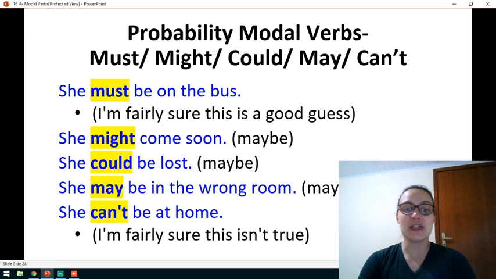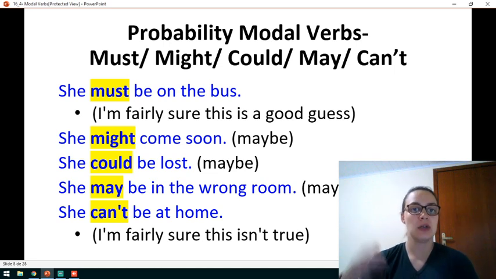Now, I can say that she can't be at home. Here we use can't to mean that I'm fairly sure that this isn't true, because I'm fairly sure that she left at the correct time, so she can't be at home. She must be on her way.